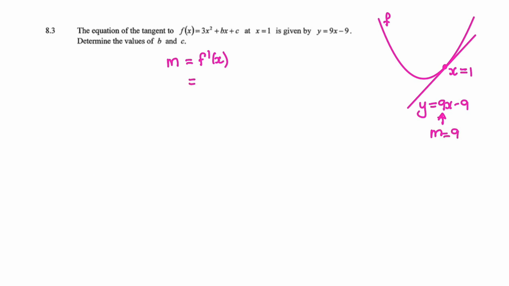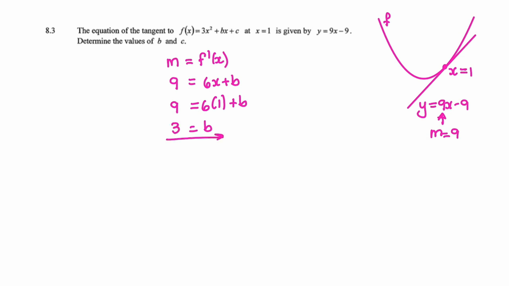So if I take the first derivative of f(x), I have 6x plus b, which represents the gradient of the tangent, and we know that gradient is equal to 9. Next, what we have is the value of x. So x is equal to 1, that's the point where they meet, so I can substitute that x value with 1, so 9 is equal to 6 times 1 plus b, therefore b is equal to 9 minus 6, which is 3.